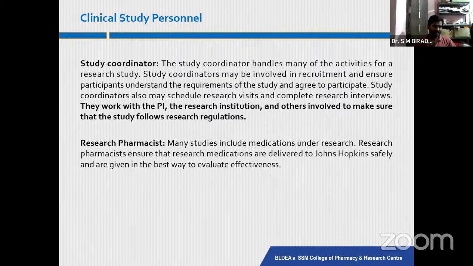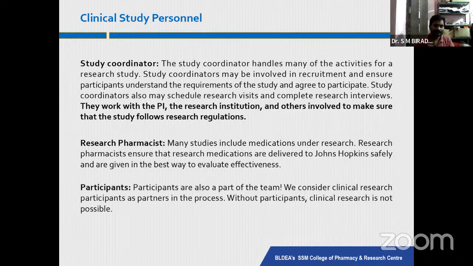Many studies include medication under review. The research pharmacist ensures the research medication is delivered to the correct person according to the standards.